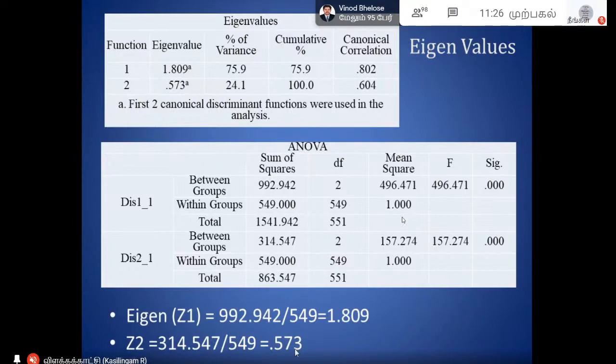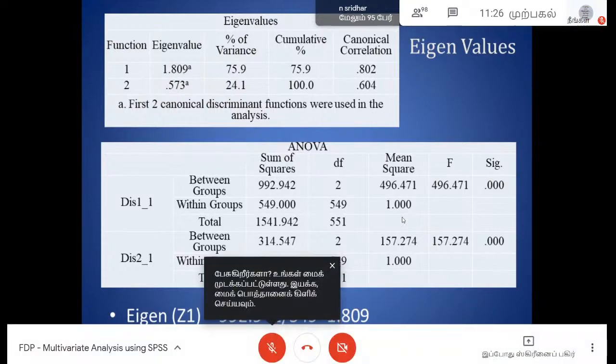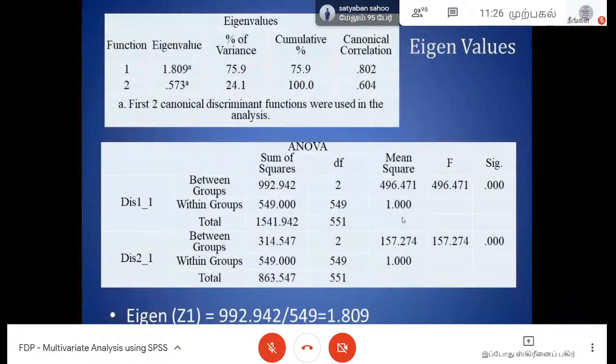Now what is the purpose of eigenvalue? What is the eigenvalue doing? Between groups divided by within groups, for every function. Which means to what extent every function captures, that is, we have a new discriminant function, Z1, Z2. How does that discriminant function capture the between groups compared to the within groups?